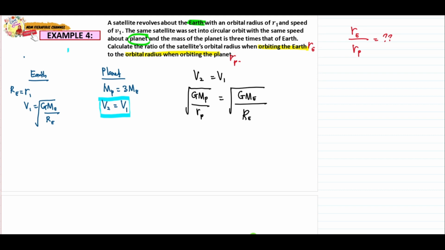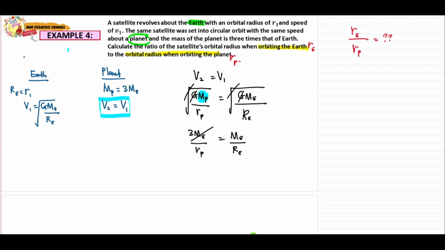Now we can cancel out the square root, and also G, and then MP here is equal to 3 times the mass of the Earth. So we can straightforwardly substitute 3 times the mass of the Earth over RP equal to ME over RE.